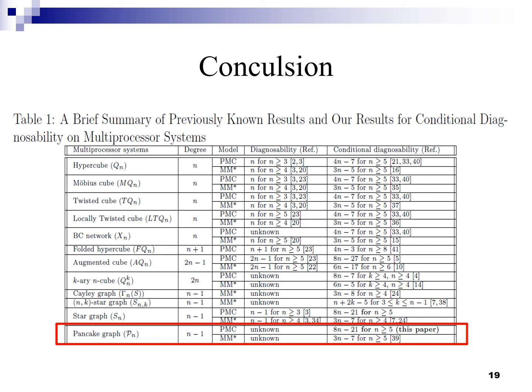The final line is our contribution in Pancake graph. We see that the conditional diagnosability of Pancake graph is n minus 21 for n at least 5 under the PMC model.